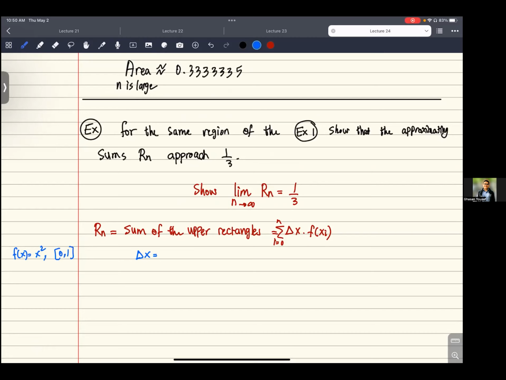What is the end point? It's 1. Minus the first point, 0, over n. So what is delta x? 1 over n. Delta x is 1 over n, because n here is any random integer point. Not equal 0, I mean natural numbers, starting from 1 to infinity. This is any n, natural number. Okay, here is delta x.